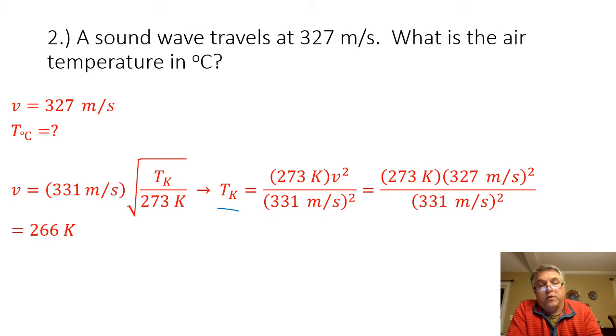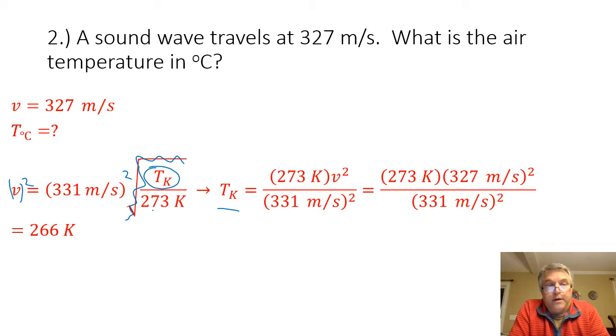Just remember, in order to solve for T sub K here, because that's inside of my radical, I need to square everything. So I know that that is going to be squared, that is going to be squared, and then the radical goes away. So I'll just have 273 there. And when I do out that math, I'm going to have a temperature in Kelvin of 266 Kelvin.